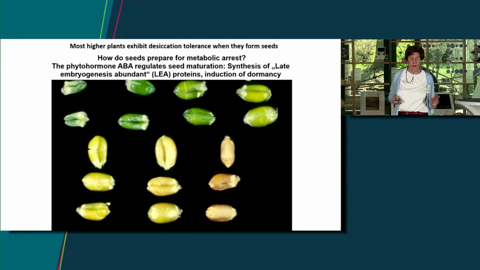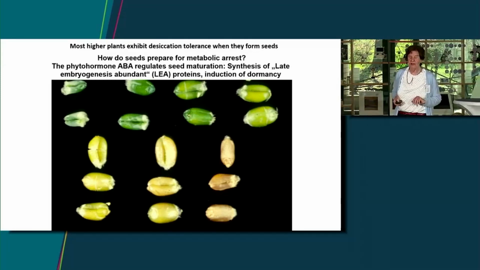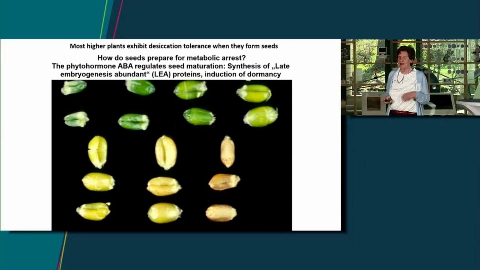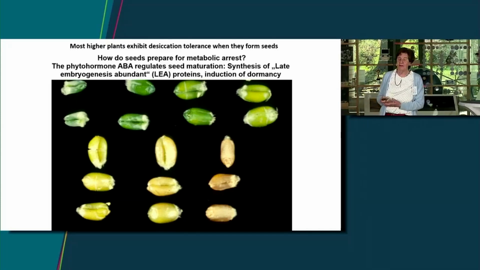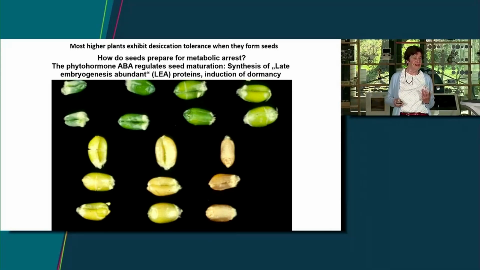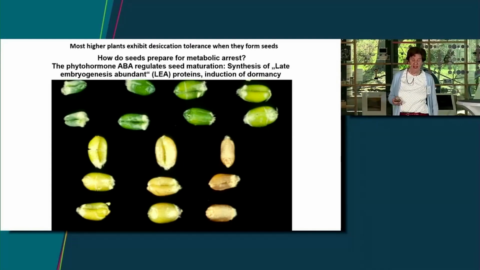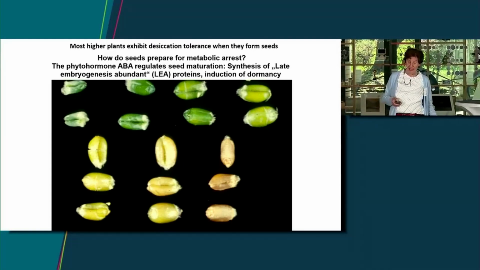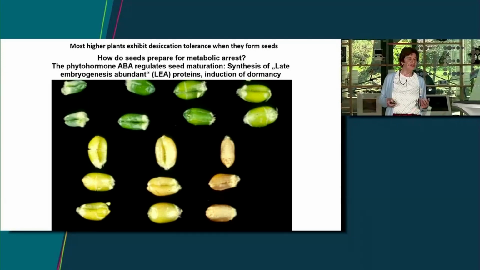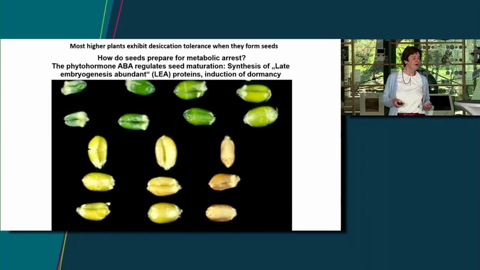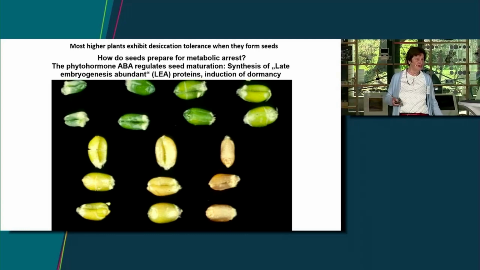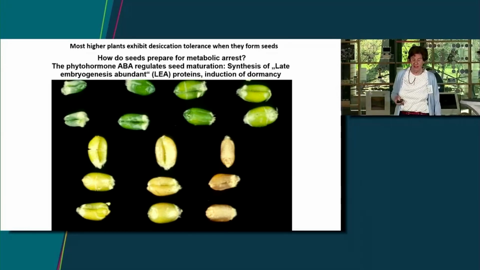Just two main points I would like to draw your attention to: the phytohormone abscisic acid, or ABA for short, regulates this seed maturation process as one of the main regulators. There are many more. And also what was observed many, many years ago is the synthesis of these so-called late embryogenesis abundant proteins, or LEA for short. They were just termed LEA because one didn't know what they do, and so they were described according to their appearance, during the late embryogenesis of these seeds.